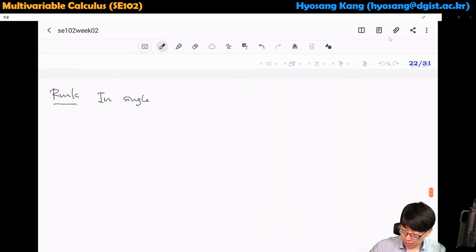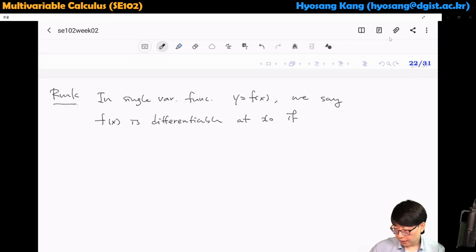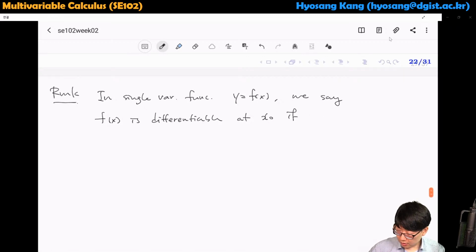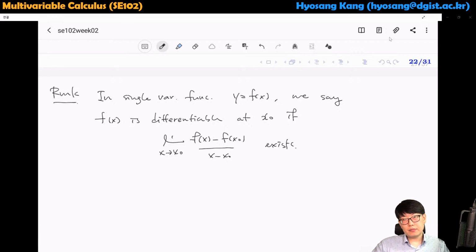For a single variable function y equals f(x), we say f(x) is differentiable at x0 if the limit as x goes to x0 of (f(x) minus f(x0)) over (x minus x0) exists.